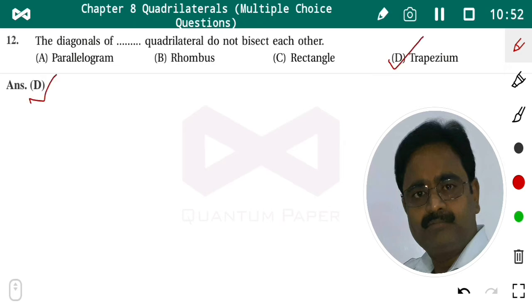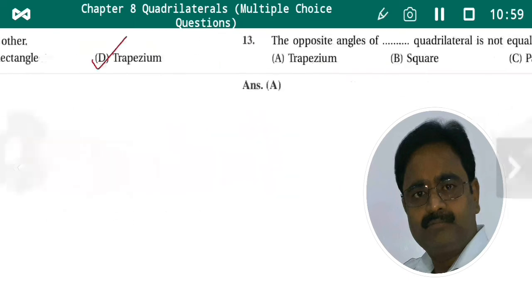Means it is not bisecting, not intersecting at midpoint, right? So let's see question number 13.